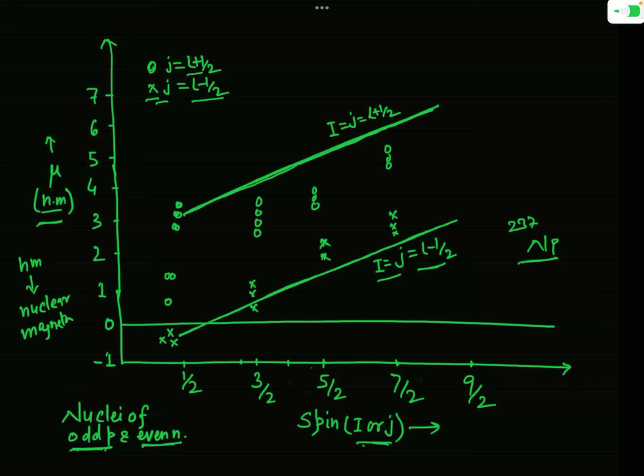So you can see that there is actually some deviation from the Schmidt line values, and that deviation actually depends on the odd number of protons or odd number of neutrons, not on the odd number of particles P or N. In fact, the deviation from the Schmidt line indicates that the single particle model is only of limited validity, as the experimental value slightly deviates from this theoretical value.